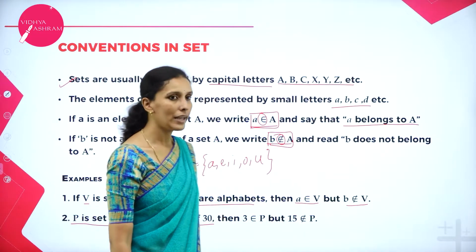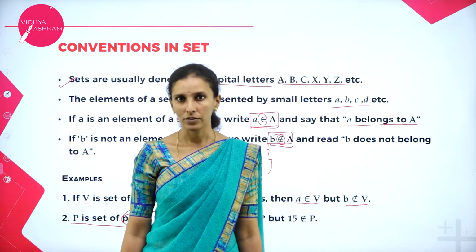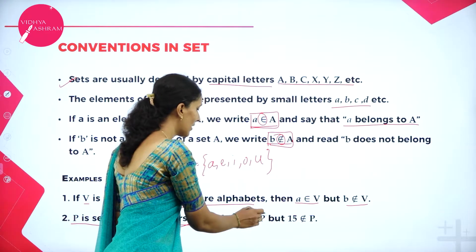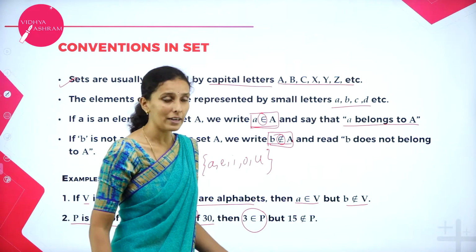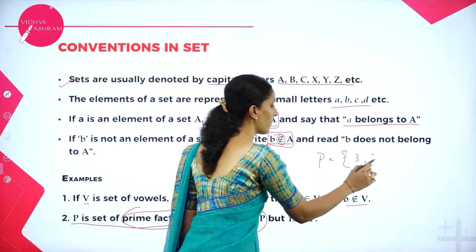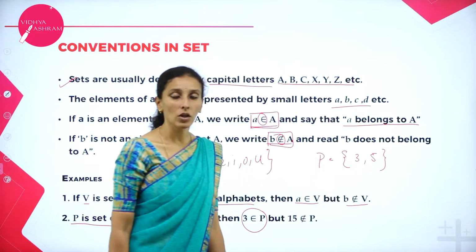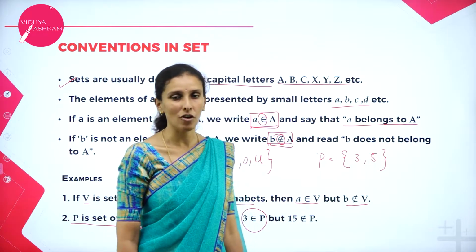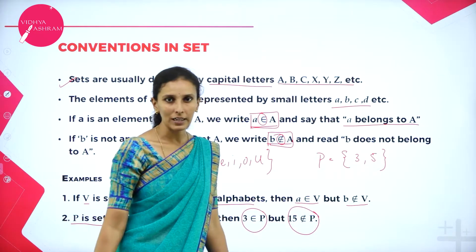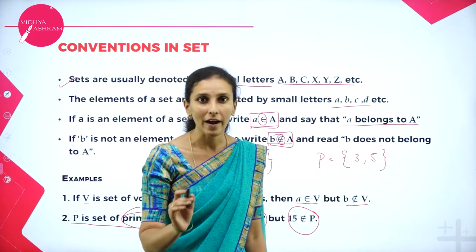That is 2, 3 and 5. So these are the prime factors of 30. Here I can write 3 belongs to P. P contains only these elements, because 2, 3 and 5 are the only prime factors of 30. You can see, even though 15 is a factor of 30, it is not a prime factor of 30.